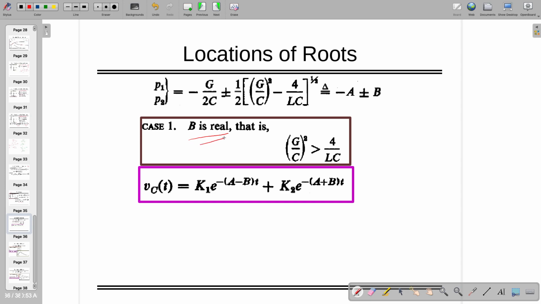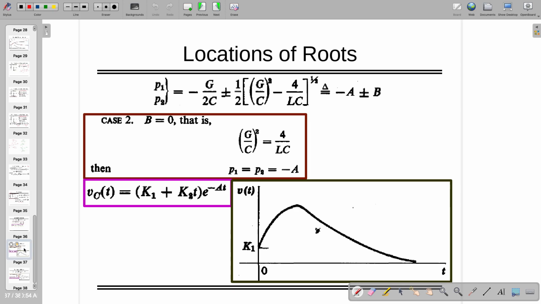The solution of h of p, which is the characteristic equation, if b is real, there is no problem. The solution is this one, right? But it might also be 0. If b equals 0, then also no problem.